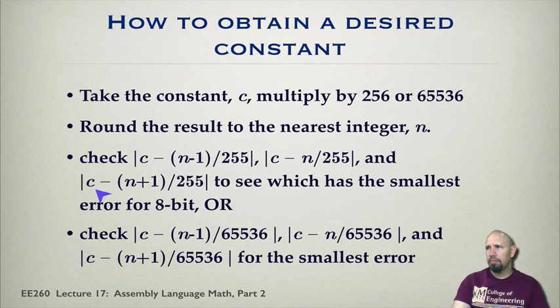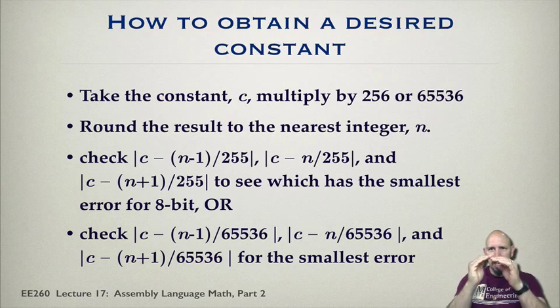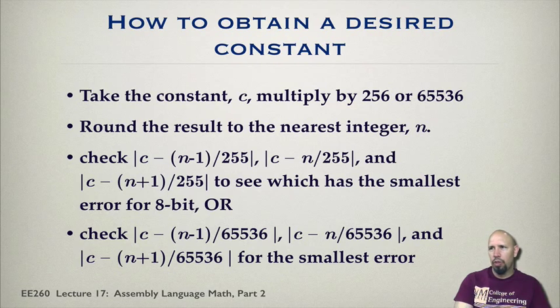That's like checking the integer above and the integer below to see which has the smallest 8-bit error, if you're dividing by 256, or whichever has the smallest 16-bit error. So this is how you would find such a constant. It's not rocket science. You're basically finding the closest approximation, since we're only going to divide by either 256 or by this number.